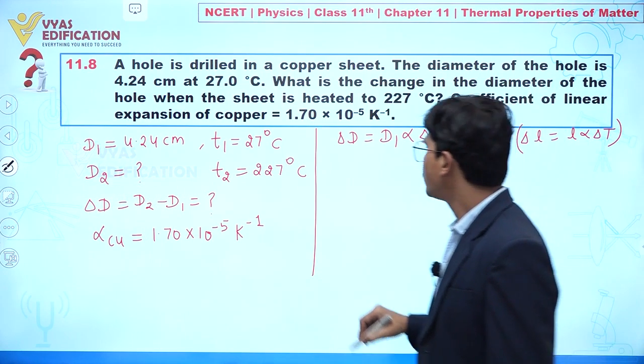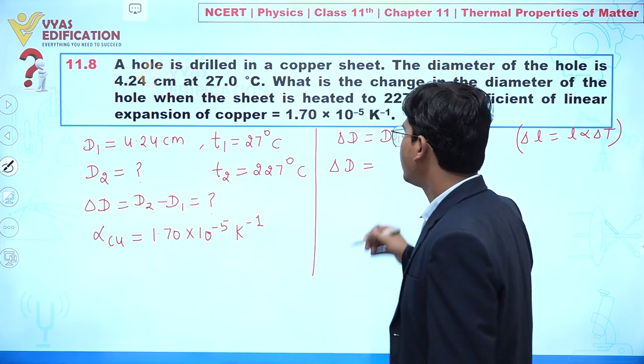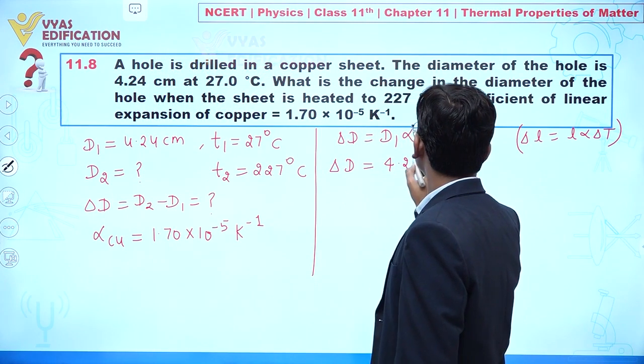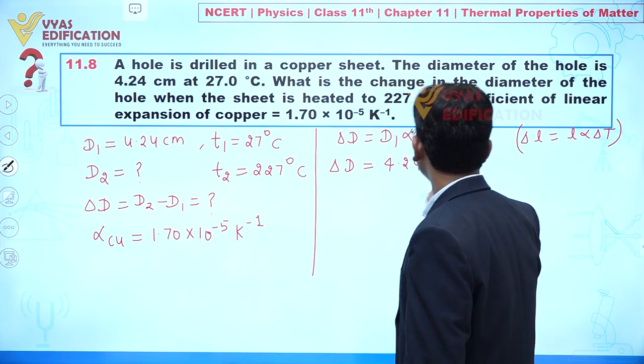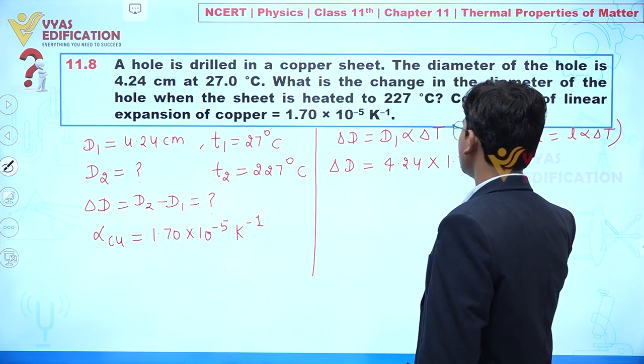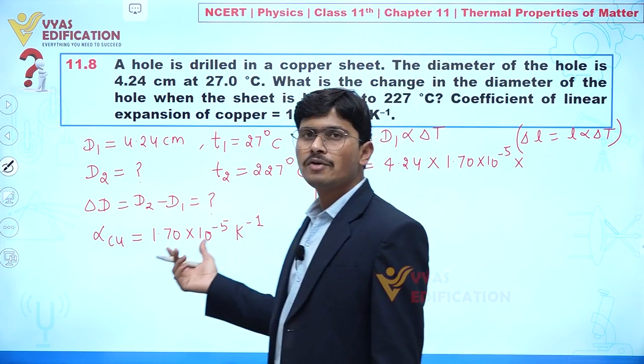From here we can write delta D equals D1. D1 is given in centimeters, so this is 4.24, multiplied by alpha, 1.70 into 10 to the power minus 5. What about delta T?